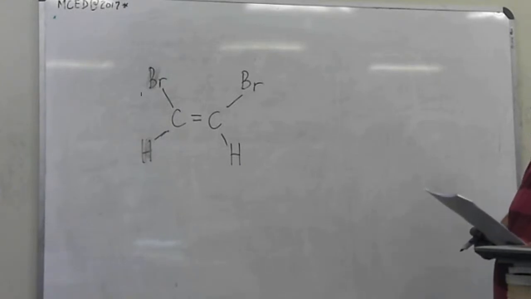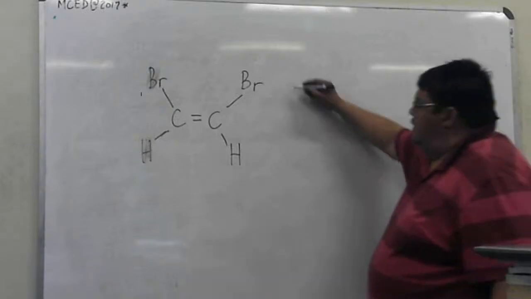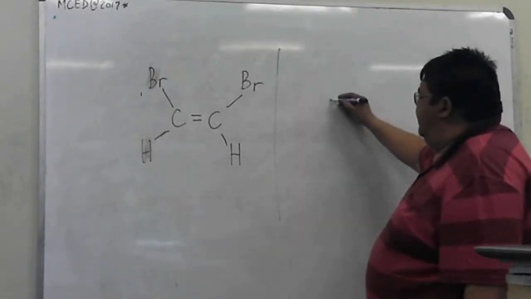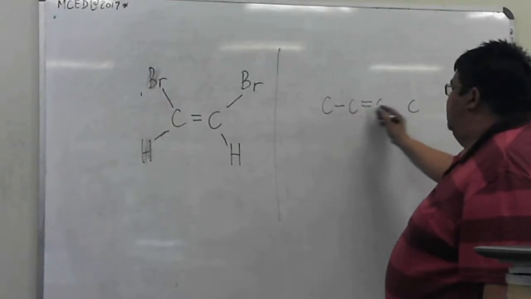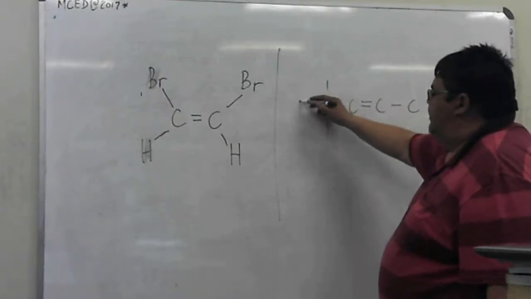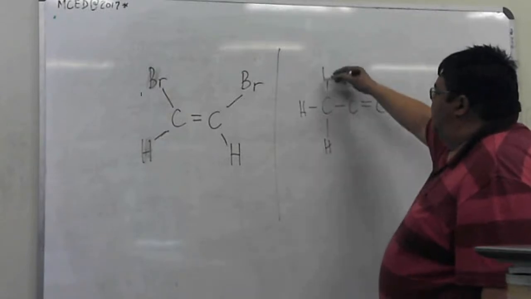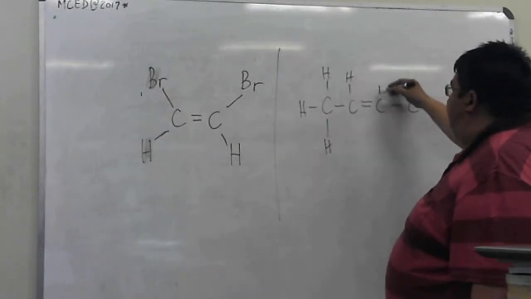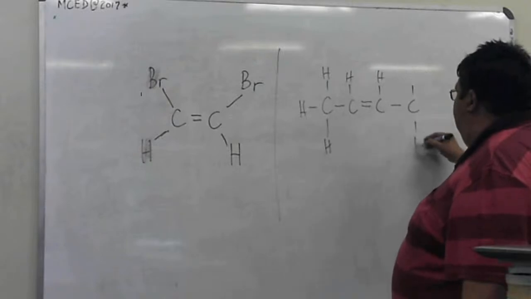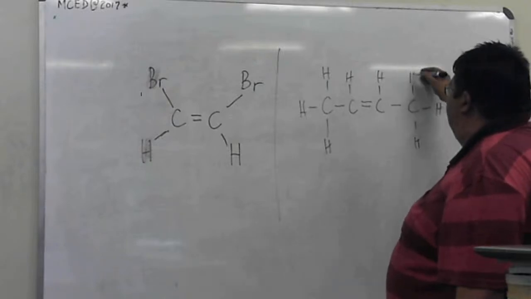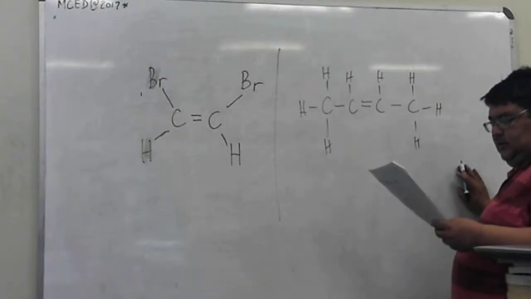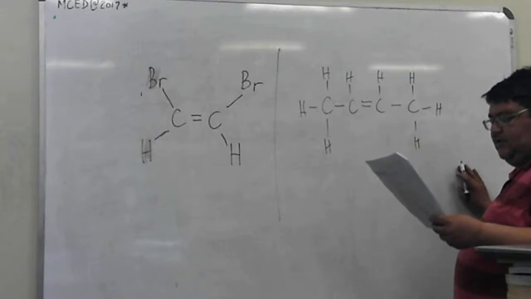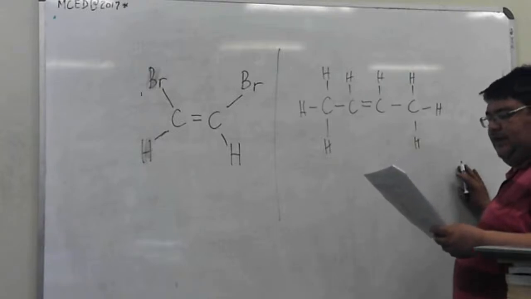Structural formula for compound D, butene. We've drawn butene 1, 2, 3, 4, double bond, and that would be butene. Right, so that is butene. Then number 4.4, write down the homologous series to which E belongs.